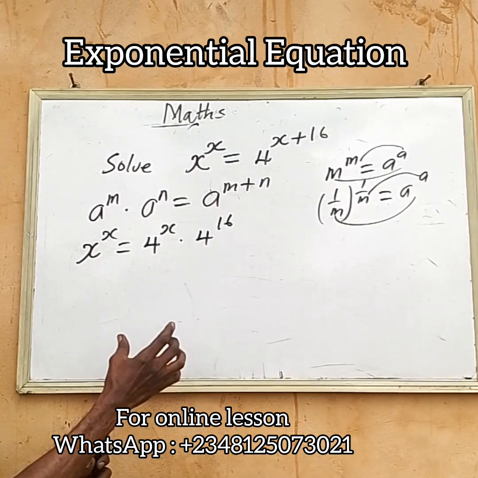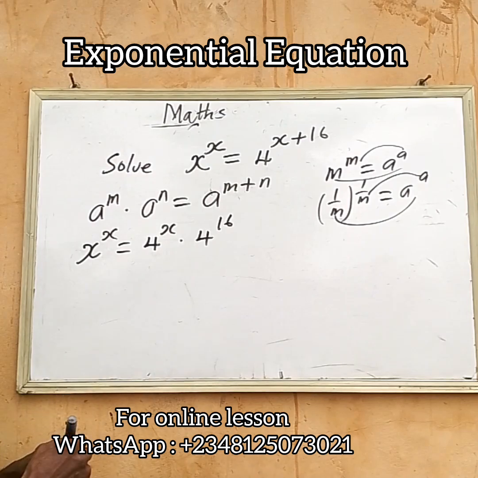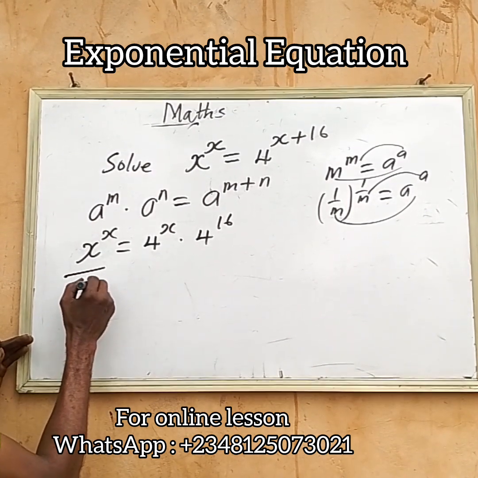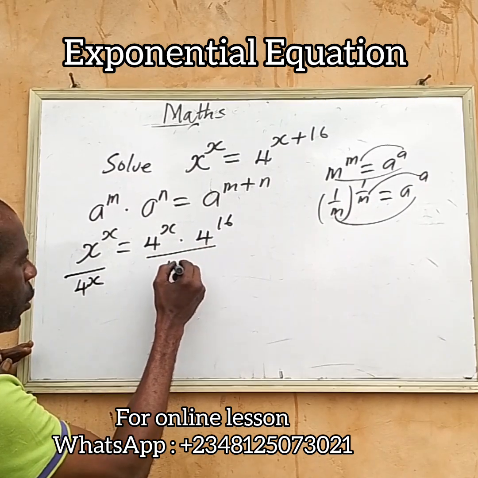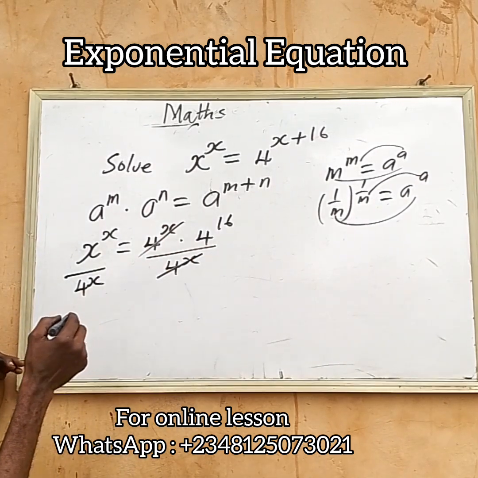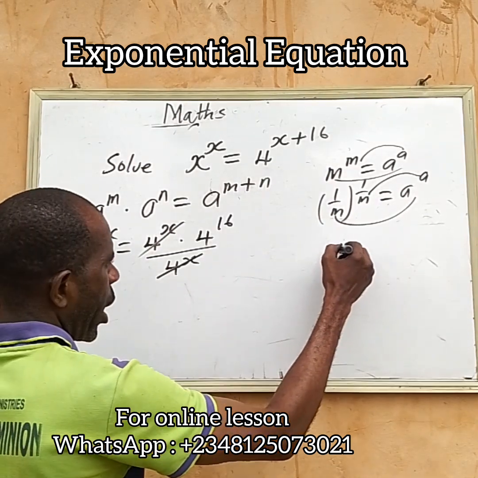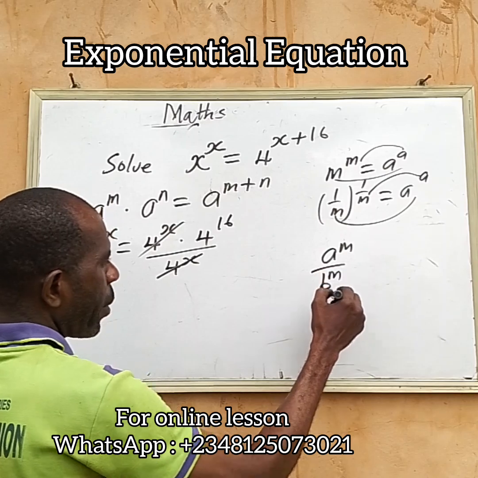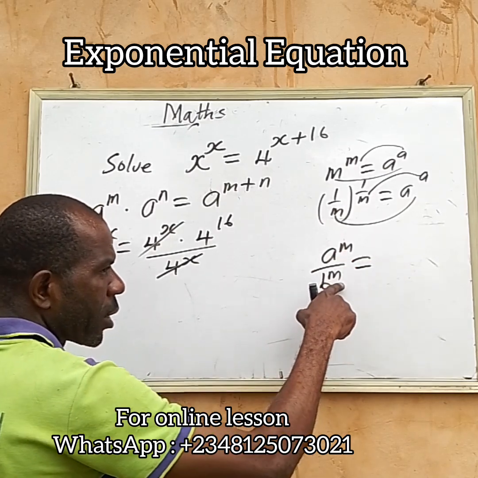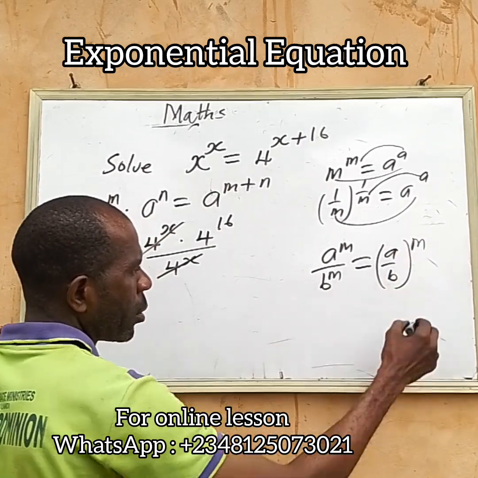Now let us first isolate this x. Divide both sides by 4 raised to power x, so that this one will cancel out. There is this law of exponents: when I have a raised to power m over b raised to power m, with the same exponent, it becomes a over b, all raised to the common exponent.